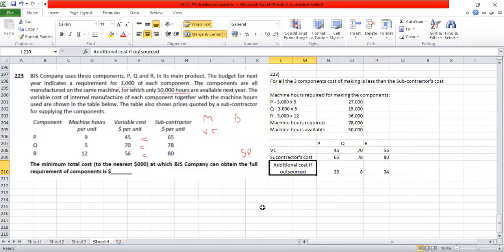So 28 and 24. We have the additional cost if outsourced. The constraint here is about the mesh nodes.